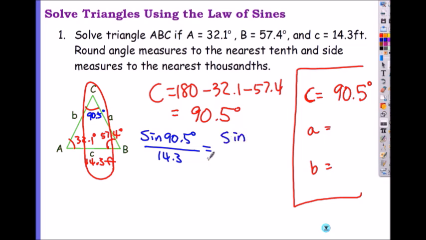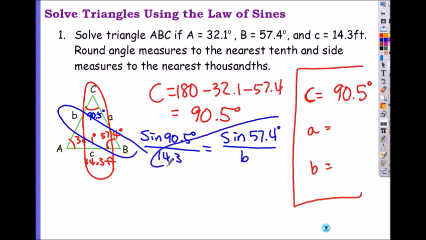Sine of B, which is 57.4 degrees, over B. Then you cross multiply them. And don't plug into the calculator yet. Just write what your final expression is and plug it in at once at the end so you don't have to keep rounding your answers throughout.